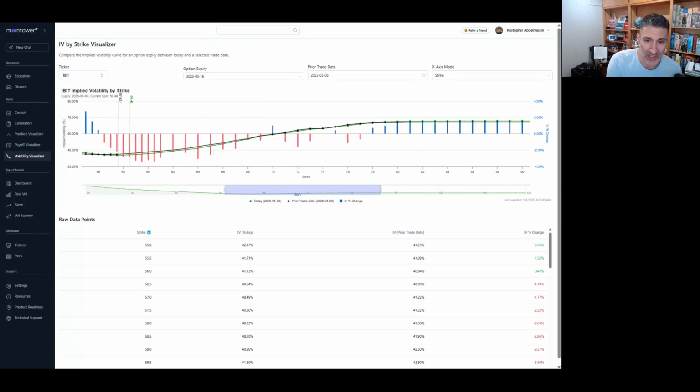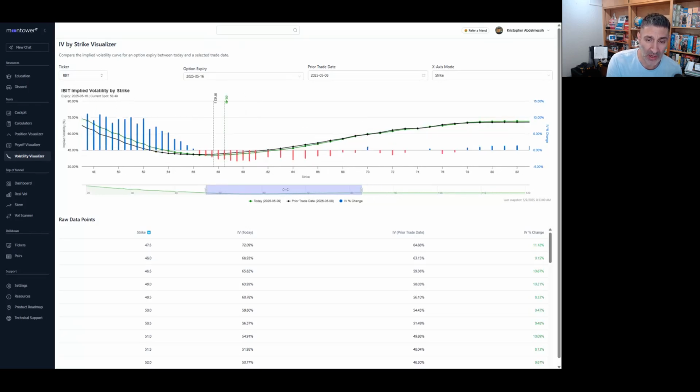So let's shrink this. We'll take that one down to 70, and then we'll shift that up. Actually, let's do all that. All right, that's a little better. Okay, this is more reasonable. You can see the black line is yesterday. The green line is today.